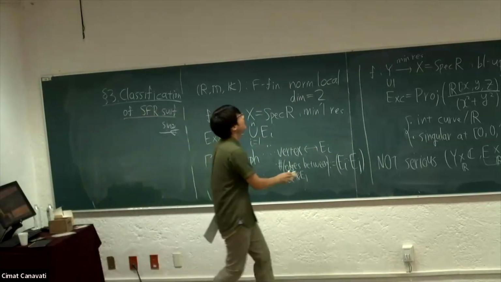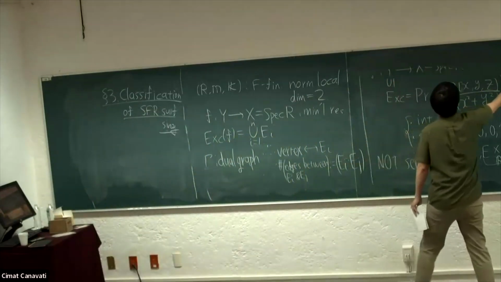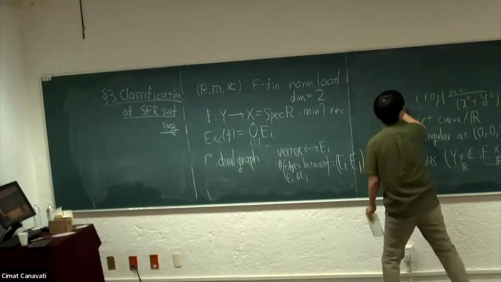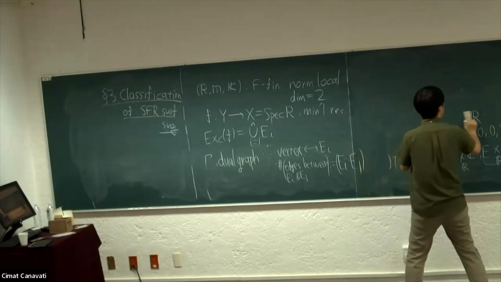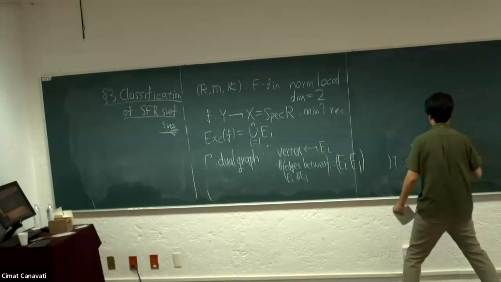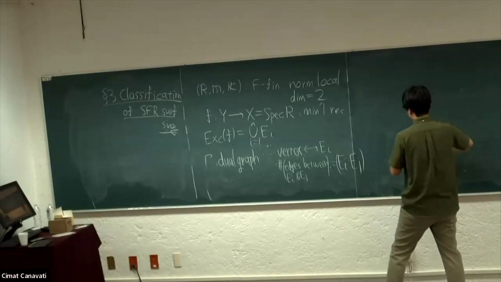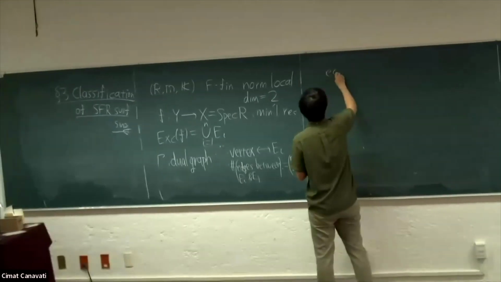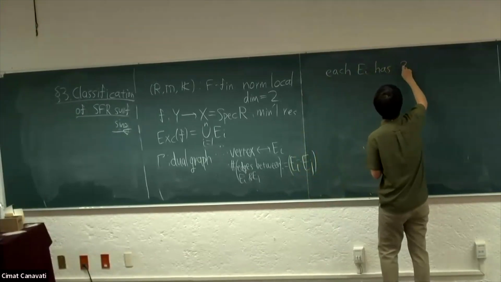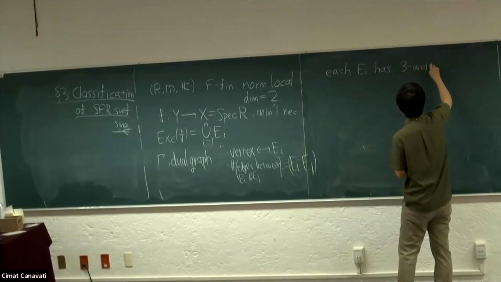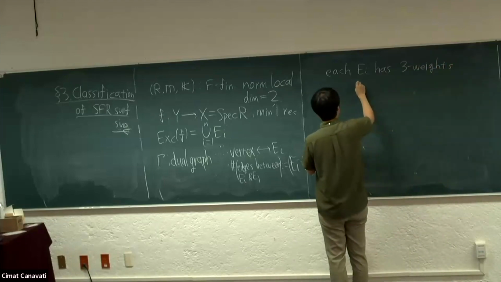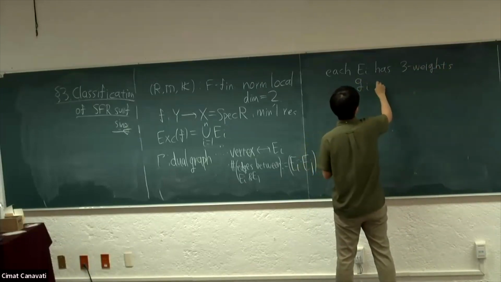And finally, each vertex will get three weights. One is the genus.